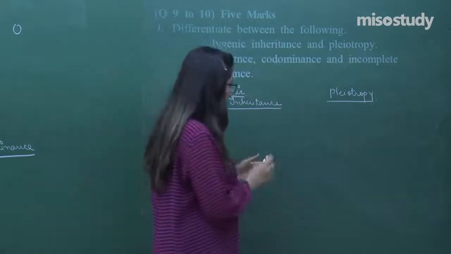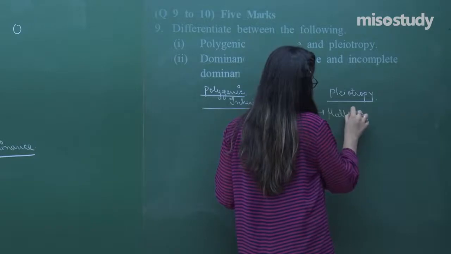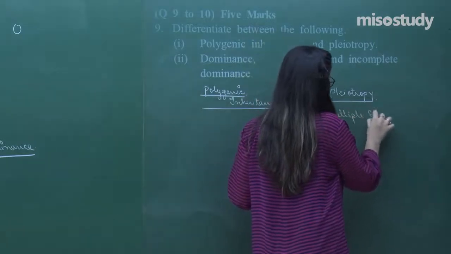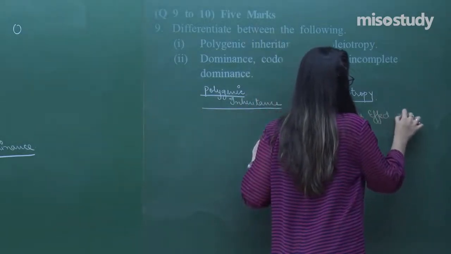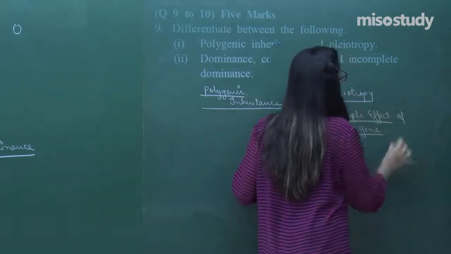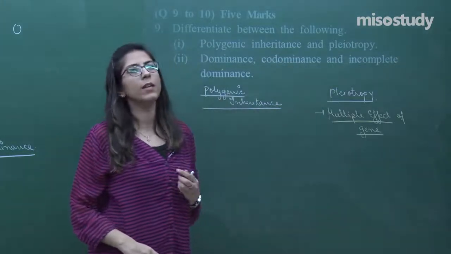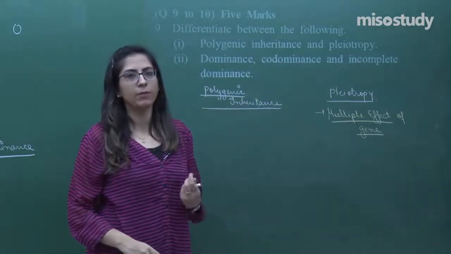Pleiotropy is called a multiple effect of a gene. That means one gene is showing multiple effects, right? Rather than showing only one phenotype, they show multiple phenotypes.